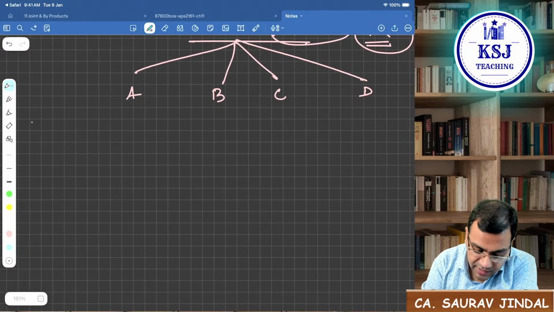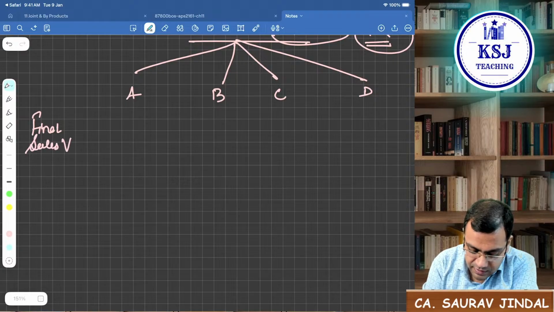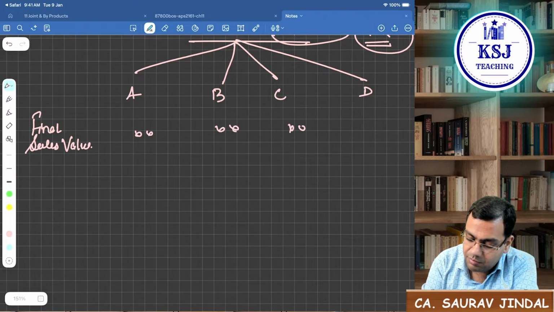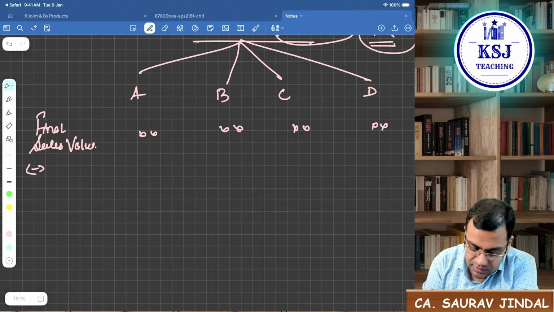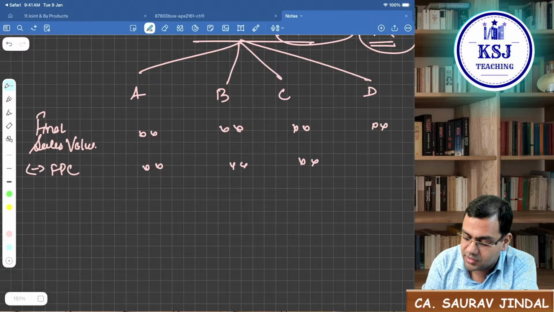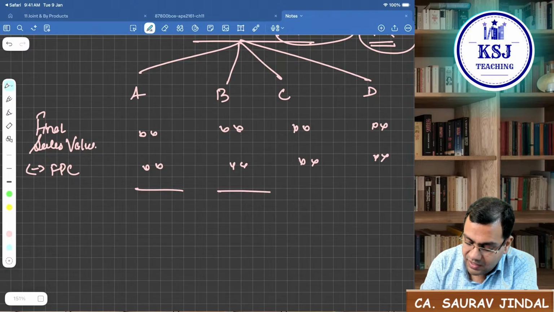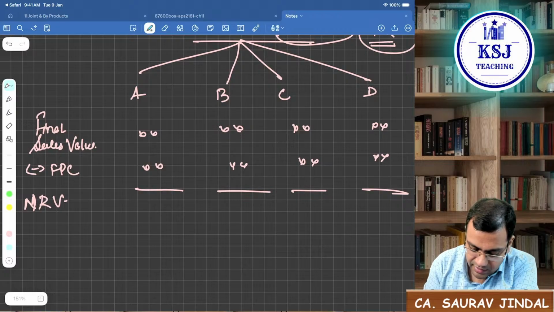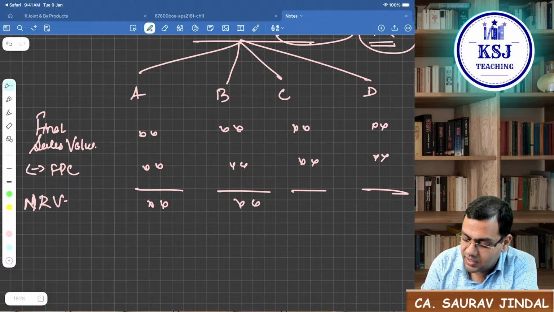NRV will be the final sales value of all the products minus FPC, the further processing cost of the products. That will give you the NRV.